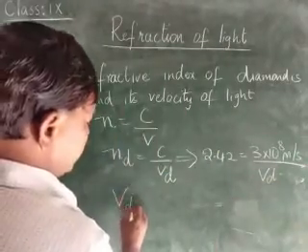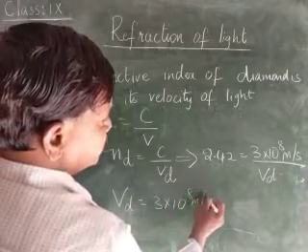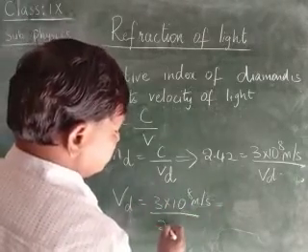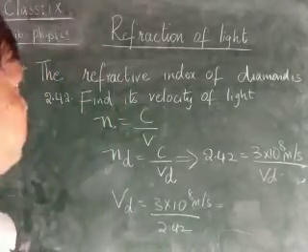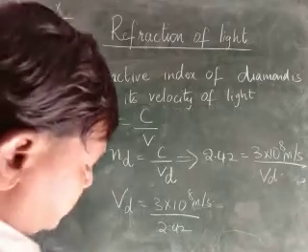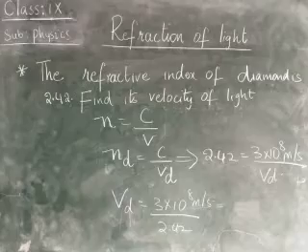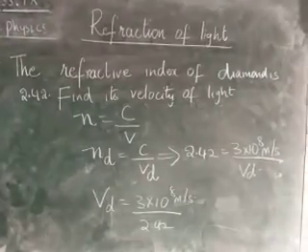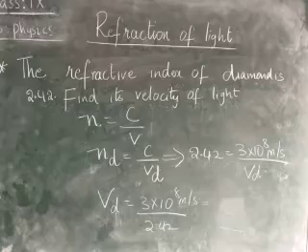Here velocity of diamond is equal to 3 into 10 to the power of 8 meter per second by 2.42. Children, just divide 3 by 2.42.